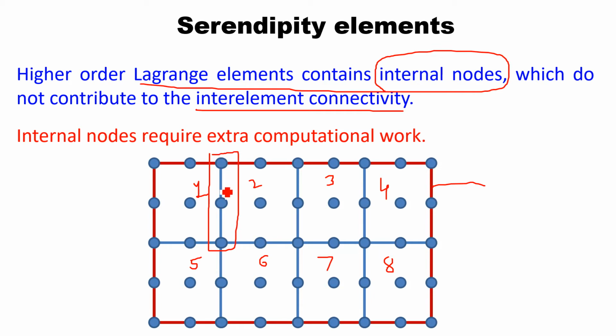It means these three nodes represent the inter-element connectivity of the elements. Similarly, these three nodes are common between elements 2 and 3, and these three nodes are common between other adjacent elements. So all nodes present on the edges are used to maintain the inter-element connectivity.